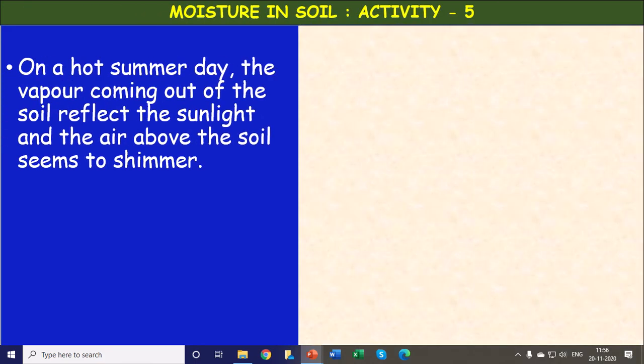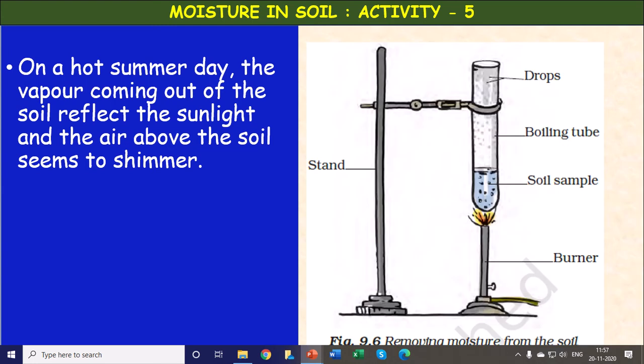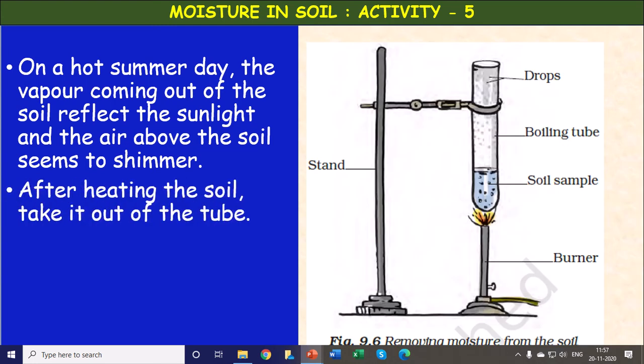On a hot summer day, the vapor coming out of the soil reflects the sunlight and the air above the soil seems to shimmer. So after heating the soil, take it out of the tube.